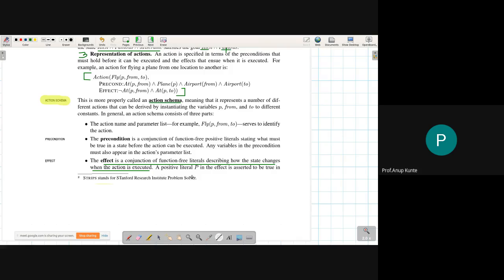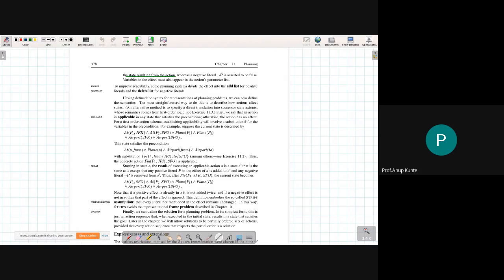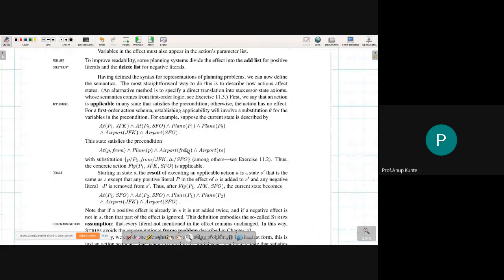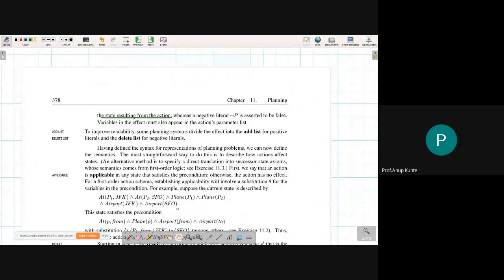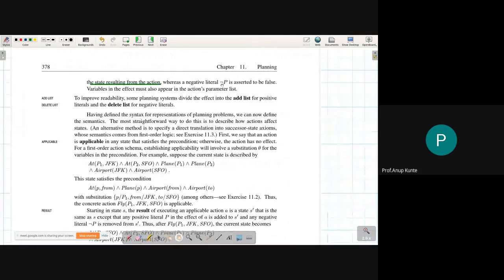A positive literal P in the effect is asserted to be true in the state resulting from the action. Whereas the negative literal not P is asserted to be false, and hence I need to remove it. The variables in the effect must also appear in the action's parameter list.